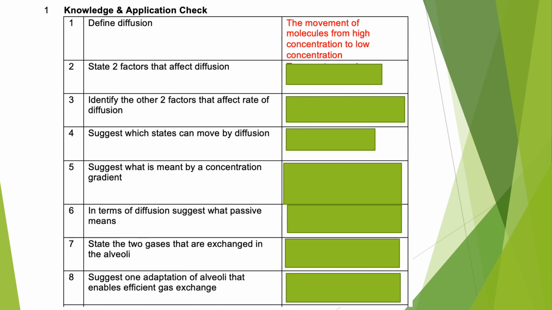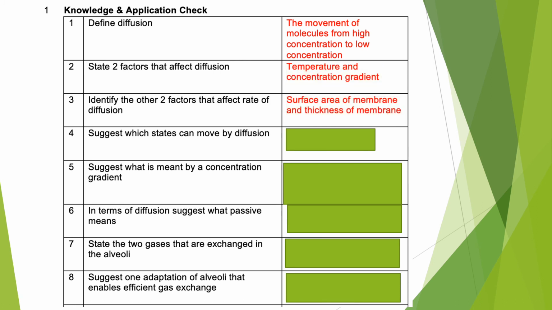Okay. Number 2, state 2 factors that affect diffusion. And number 3 actually says identify the other 2 factors. So remember, there were 4 total factors that we talked about that increase or decrease the speed of diffusion. So there's the 4 right there: temperature, concentration gradient, surface area of the membrane, and thickness of the membrane.